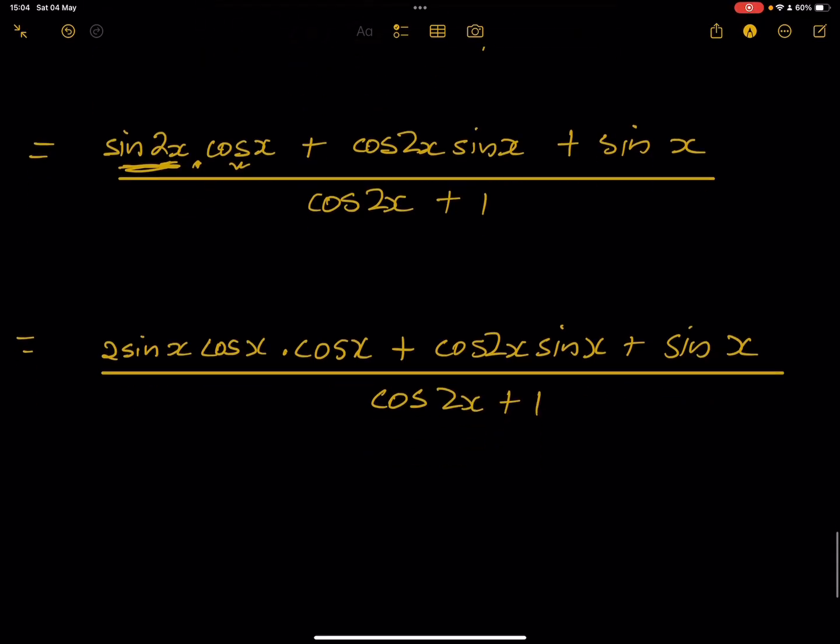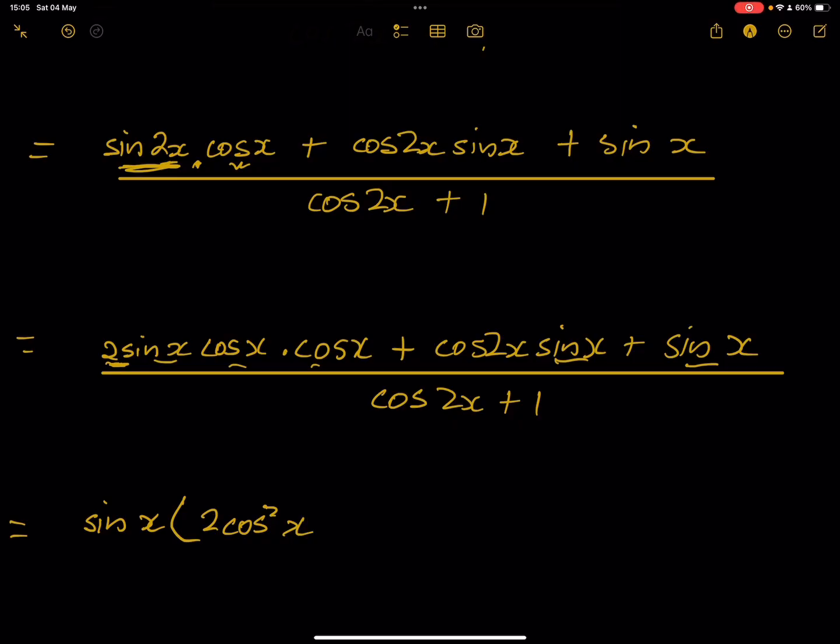Now, if I look at what we have there, I can take out sine x as a common factor, right? All of the terms there have got a sine x, right? The first one, without that sine x, becomes 2 cos and cos, so that will be 2 cos squared of x.